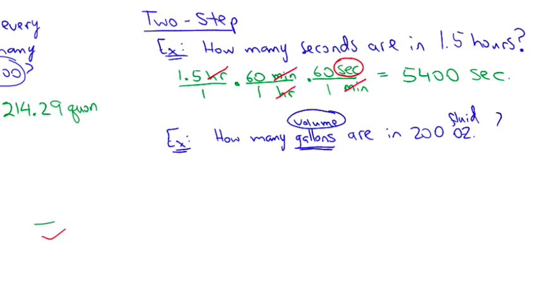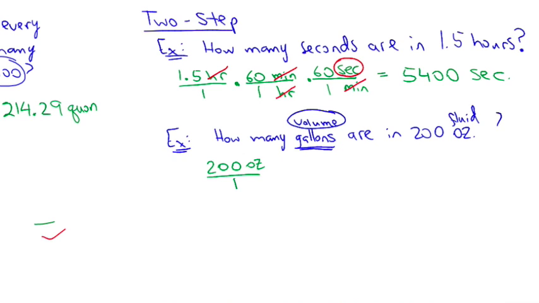All right, so how do I find out how many gallons are in 200 ounces? What do I start with? The amount you know. If you know it and you want to convert it, you start with it. There are some other shortcuts, like if there's a mixture of measurements going on, you can start at different places, but we're only converting one thing over.